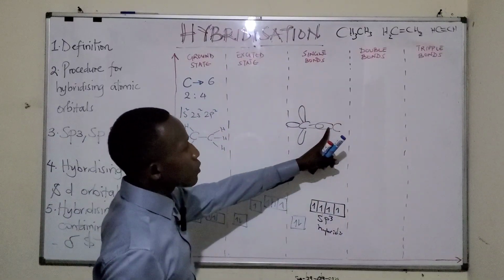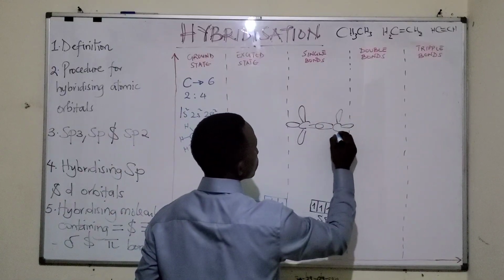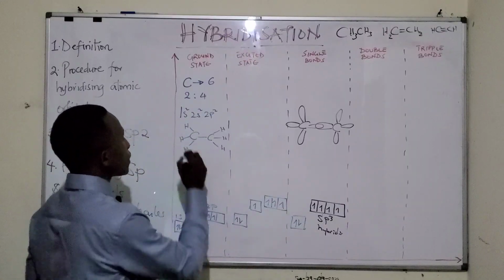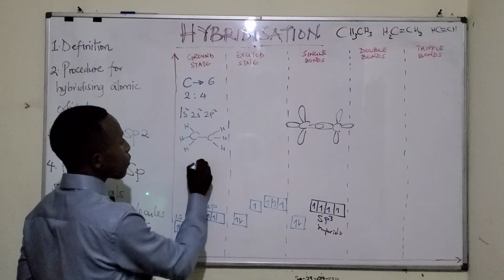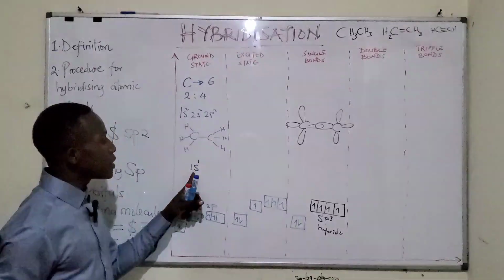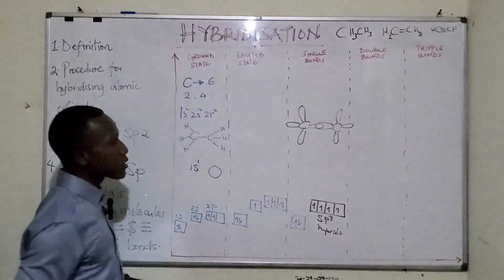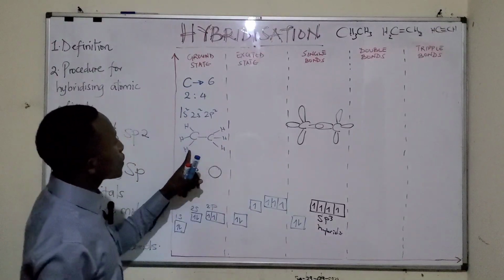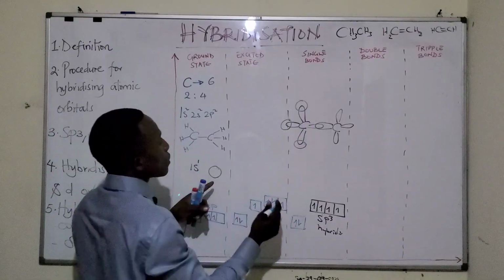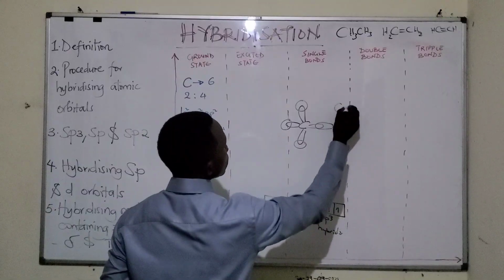So one electron will bond with another carbon. Remember, hydrogen is 1s1, meaning that we have only 1 electron for hydrogen and it is in the s orbital, meaning that its shape is this. So from this we shall have the hydrogen atoms, or the electrons from the 1s of hydrogen.